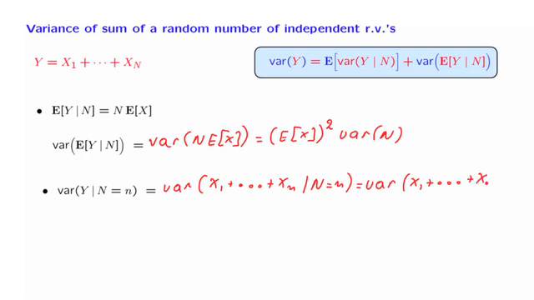Now the unconditional variance of a sum of n random variables is just n times the variance of each one of them, which we denote with this notation.